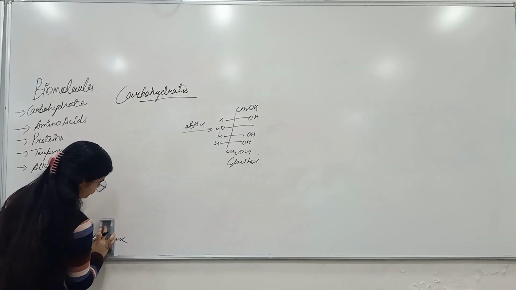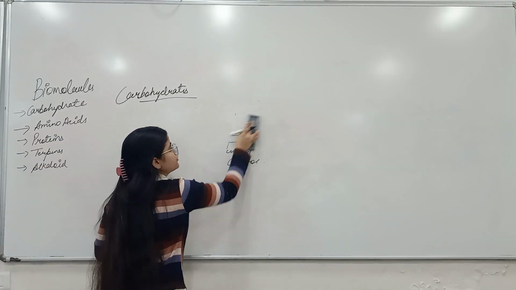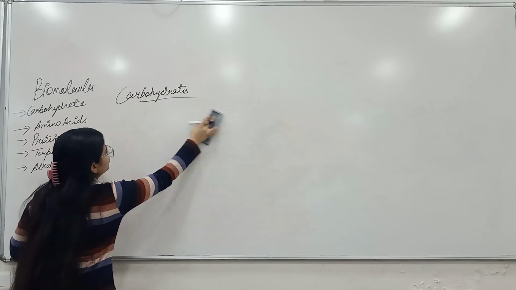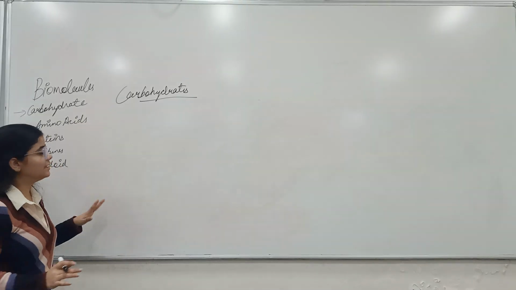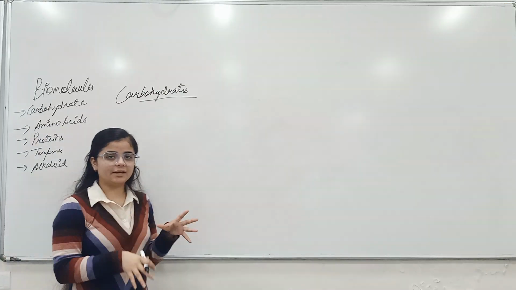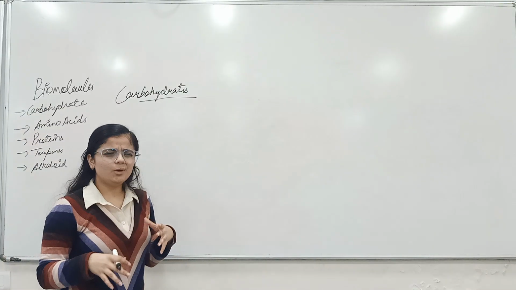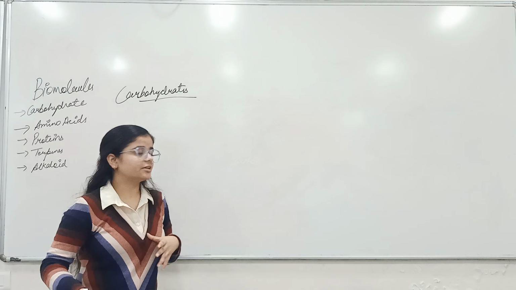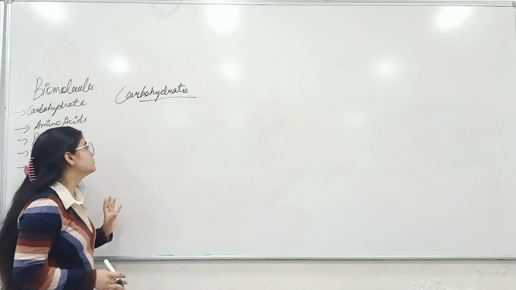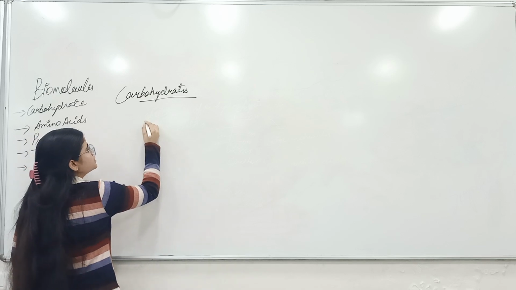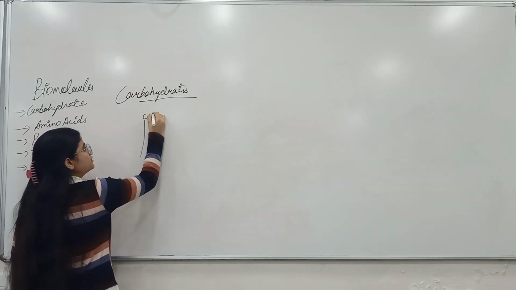Now we will be coming to how glycosidic bonds are formed in any monosaccharide unit. So let us form a glycosidic bond in glucose itself. We will be doing every reaction, every activity on glucose only. It is the most basic unit we have. So this is glucose again.